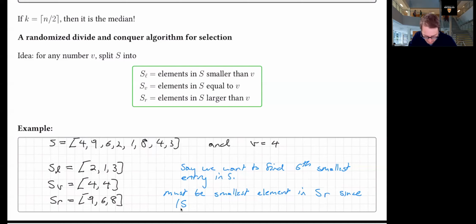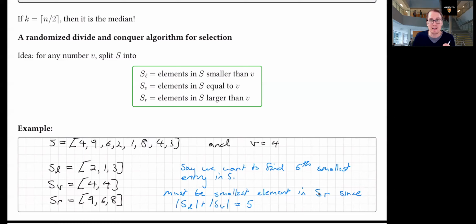So S left plus SV equals 5. Right, so then basically you have 6 minus 5. That's the element you're looking for in S right.